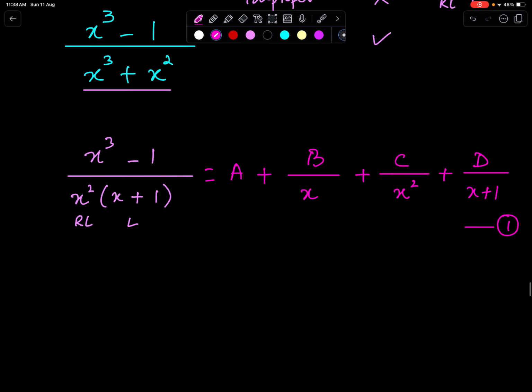Now we need values of x for substitution. So from this factor we are getting x is 0, and from this factor we are getting x is minus 1. We find value of this constant by comparing the coefficient method.